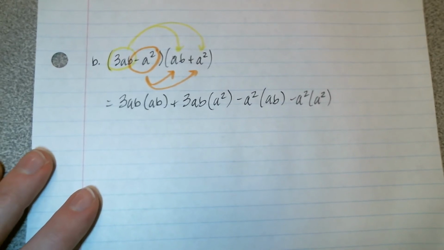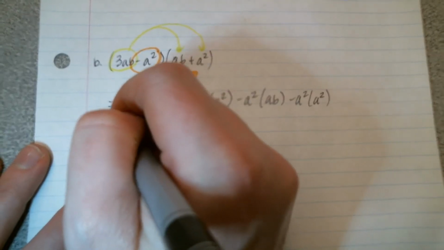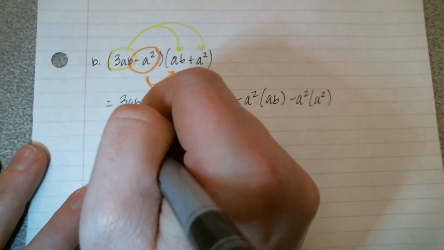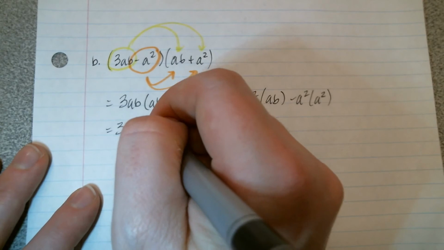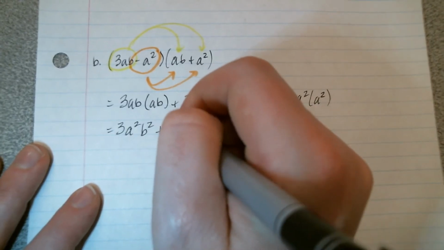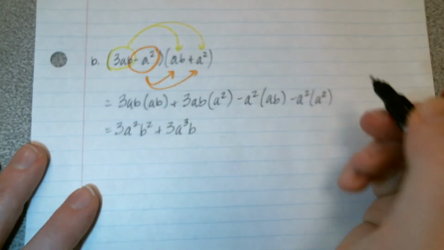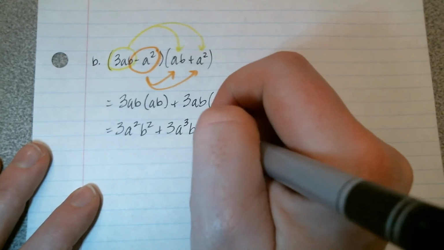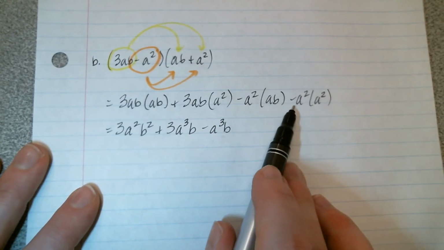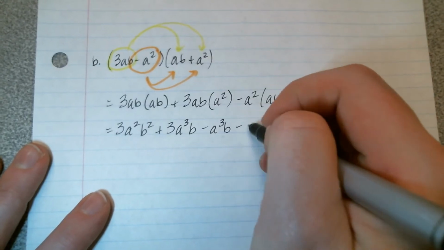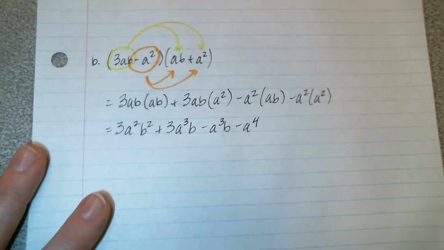Okay, and then I actually need to multiply, so I get 3a squared b squared right here plus 3a cubed b minus a cubed b minus a to the 4th.